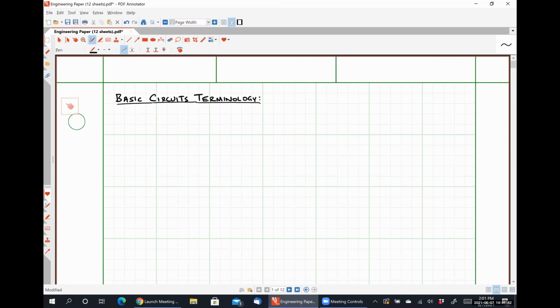So the first thing that I'm going to do today is to introduce a generic circuit element.